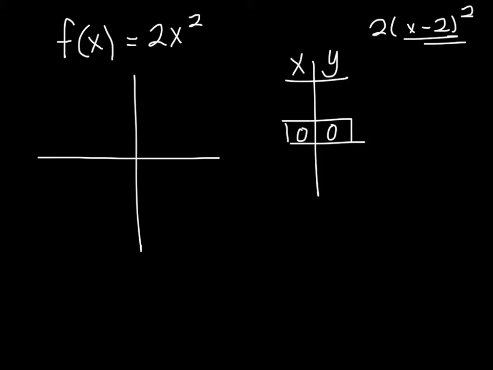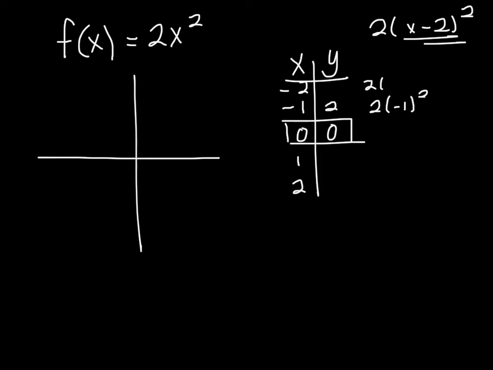So what I'm going to do is choose numbers smaller, -1 and -2, and numbers bigger, 1 and 2, and then I'm just going to plug in. If I plugged in a -1 there, then I would get 2.